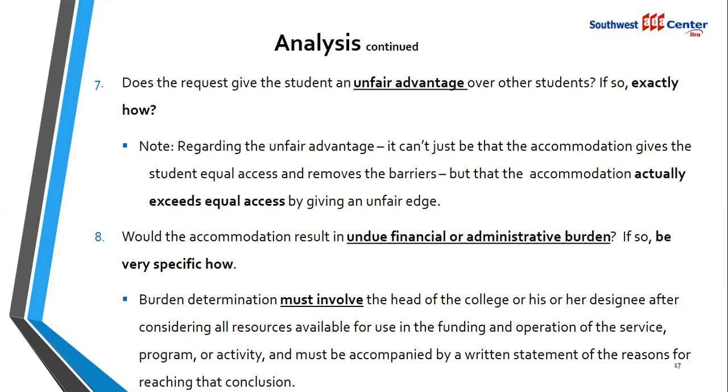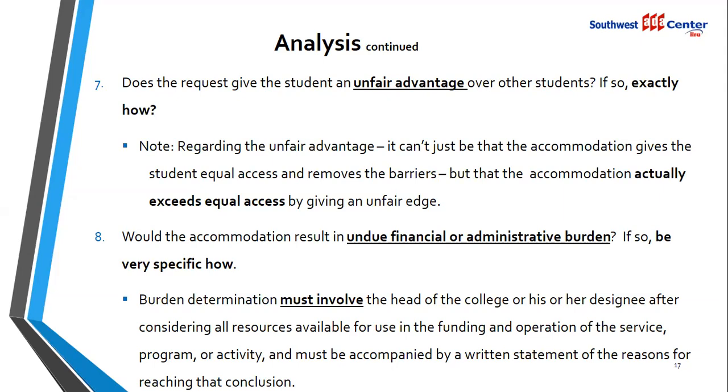So remember, burden determination must involve the head of the college or his or her designee, after considering all resources available in funding and operation of the service, program, or activity, and it must be accompanied by a written statement of reasons for reaching that conclusion. And then, of course, the college has to do what they can up to the point of undue burden.